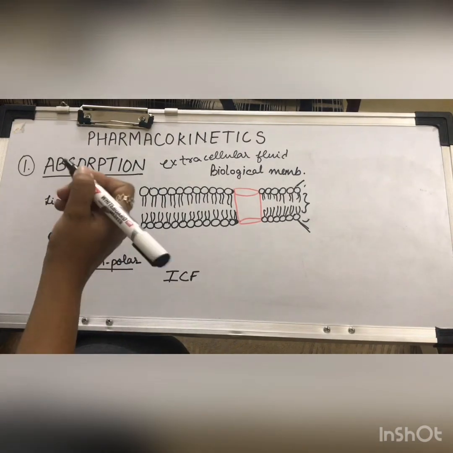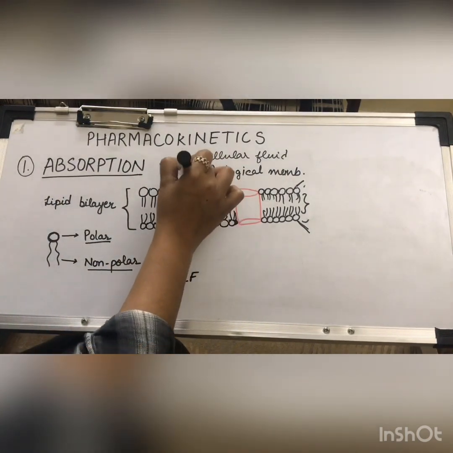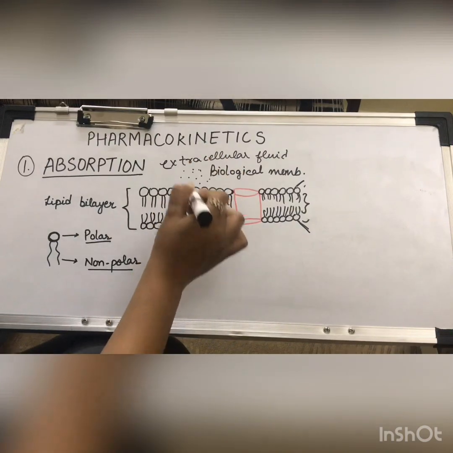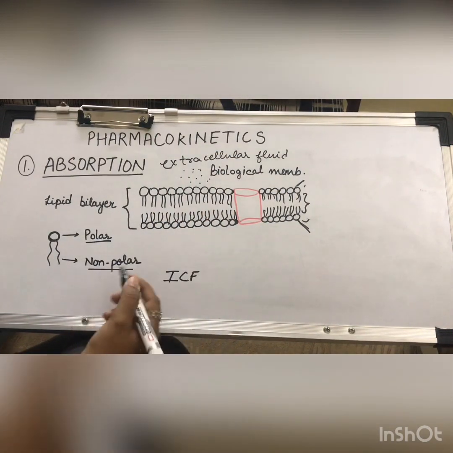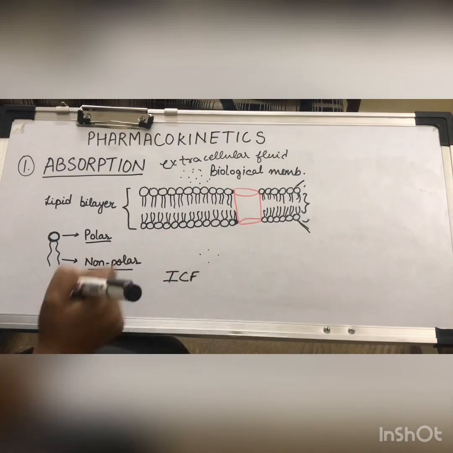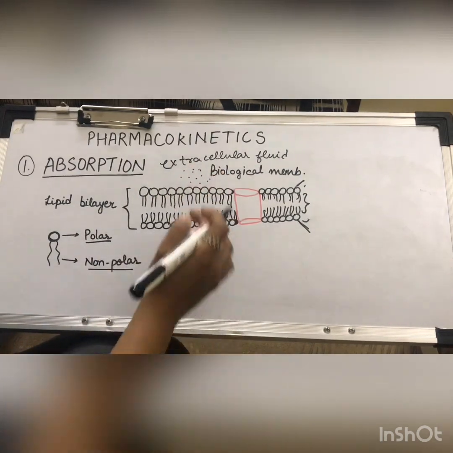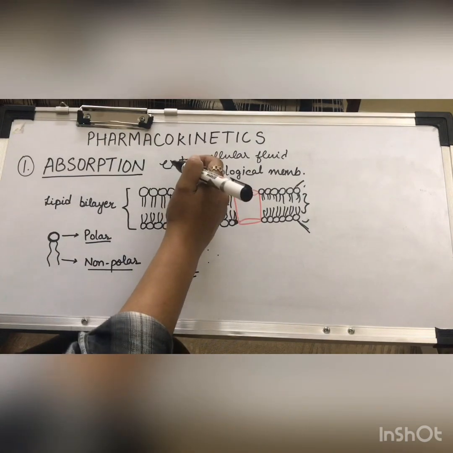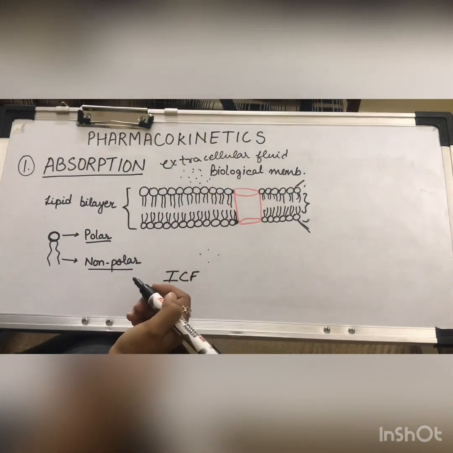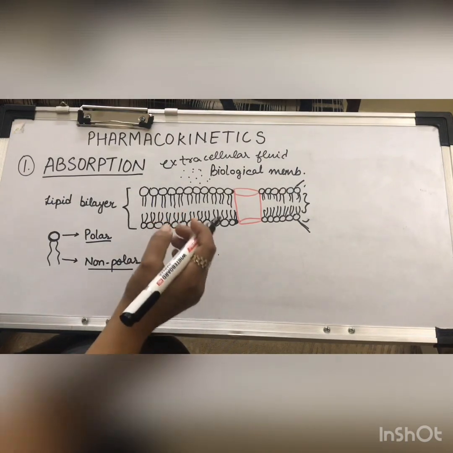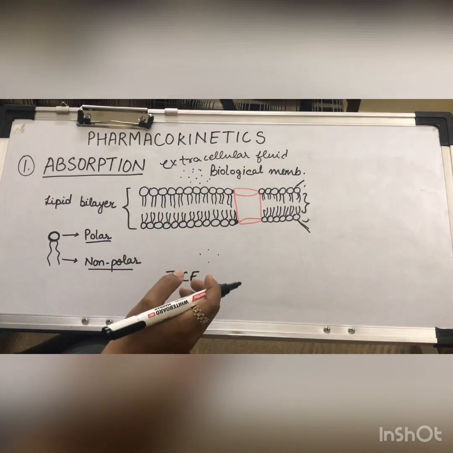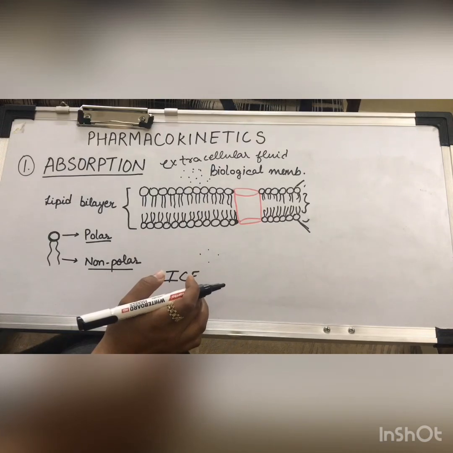Now when a drug present in the extracellular fluid has to cross this biological membrane and get inside the cell, how will this transfer from extracellular fluid to intracellular fluid happen? For this, there are certain specialized proteins in the biological membrane or the cell membrane.